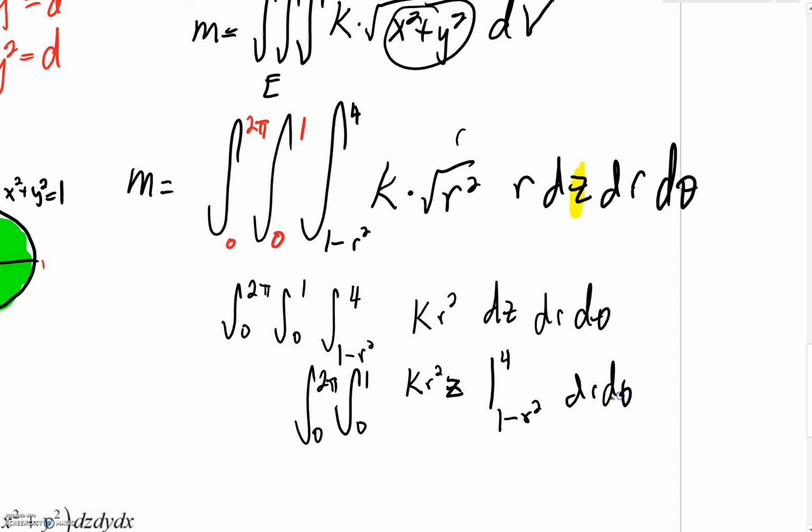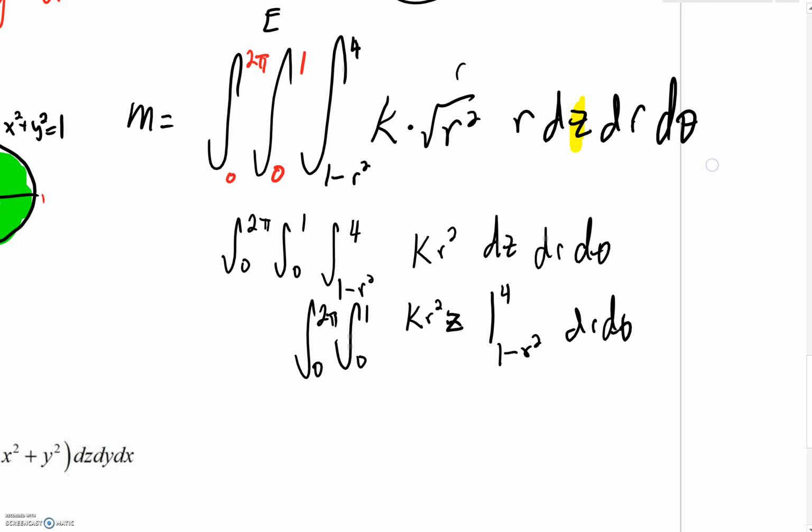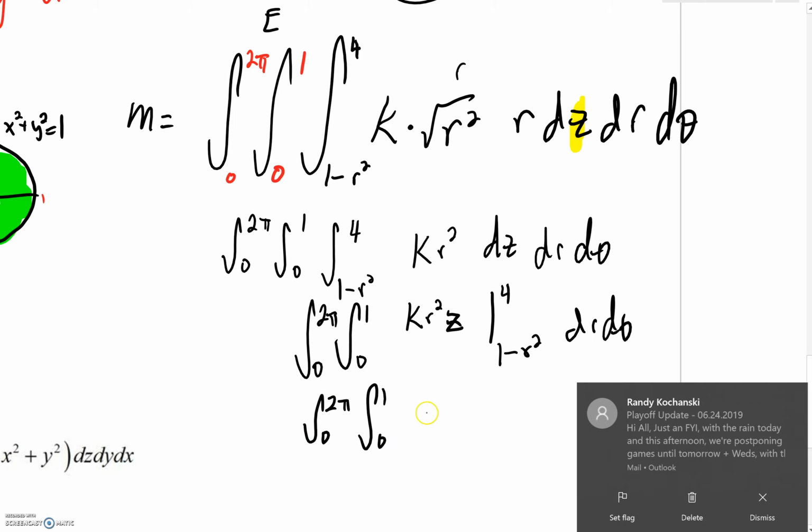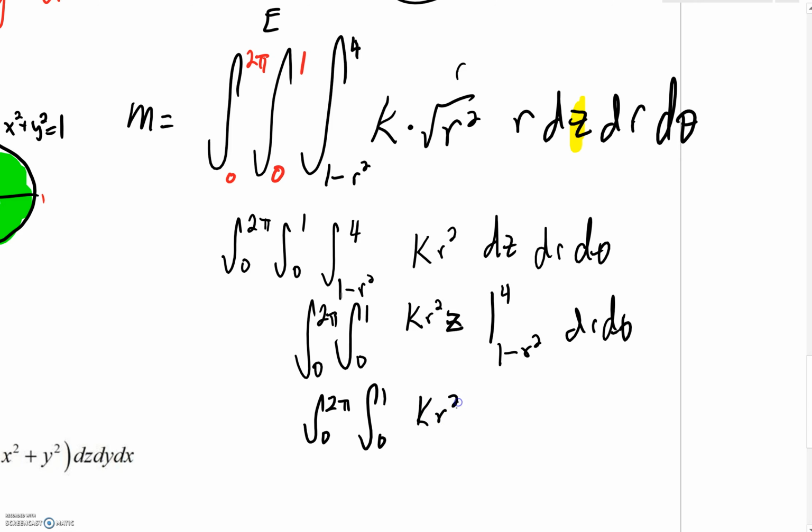And we just have to be patient and work this all out. So we'll have, this is 0 to 2 pi, this is 0 to 1, and we'll have a K R squared, and this is going to be a 4 minus (1 minus R squared), and as we distribute this negative, it'll be a minus 1 and a plus R squared.